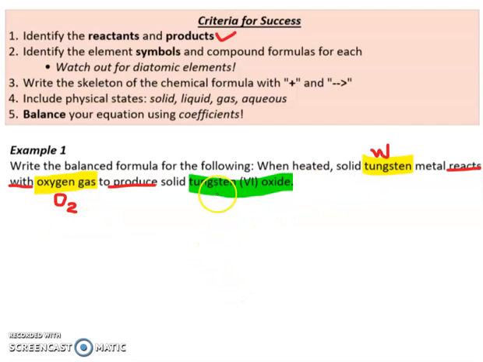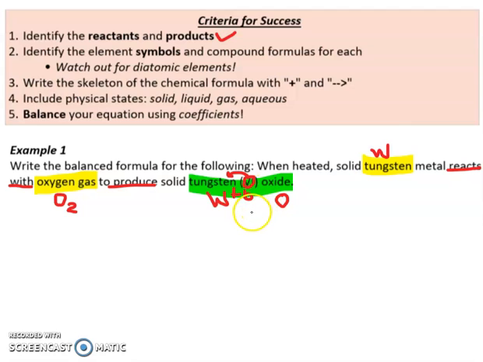All right, and last one, I have to figure out what this compound formula looks like. So I know that tungsten is W. I know when transition metals have this little Roman numeral next to them, it is talking about the charge of my metal. So this tungsten has a charge of +6, and oxide is referring to oxygen.